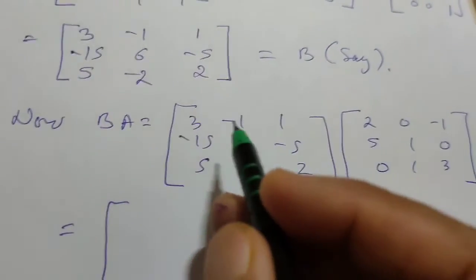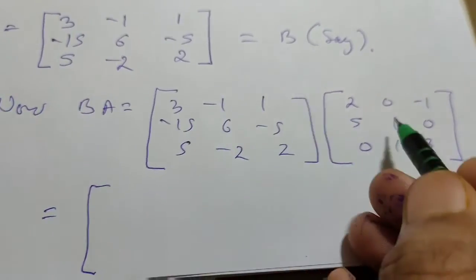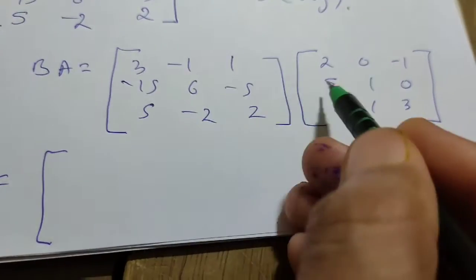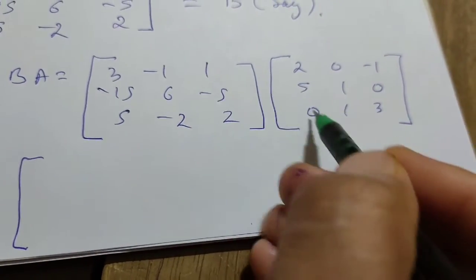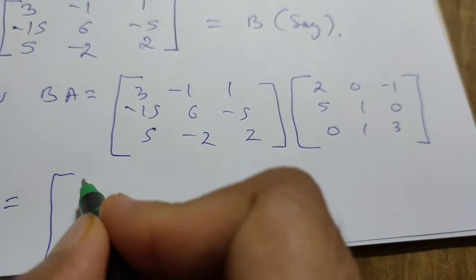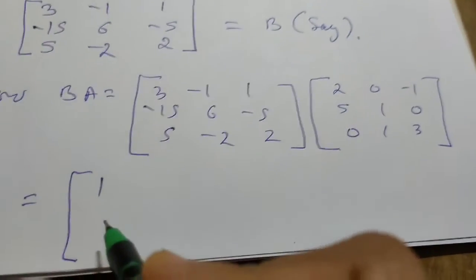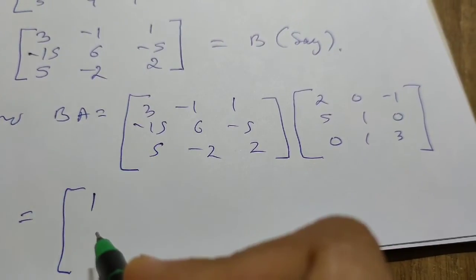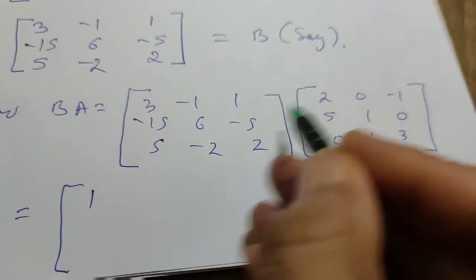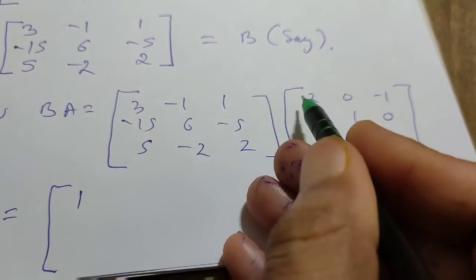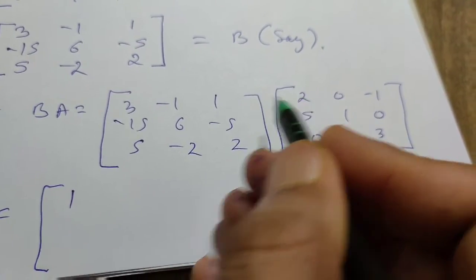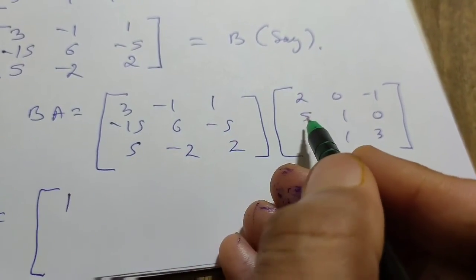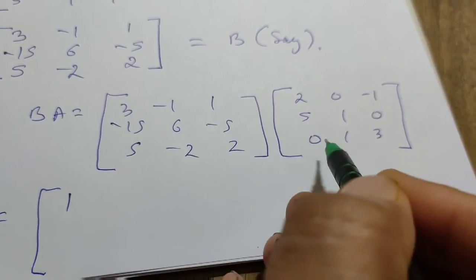Multiplying R1 with column 1, we get 3 into 2, 6. 6 minus 5, that is 1, and this is already 0. So 6 minus 5 is 1. This is the first entry of column 1. Now for the second entry, multiplying R2 with column 1: minus 15 into 2, that is minus 30, plus 6 into 5, that is 30, and minus 5 into 0 is 0.